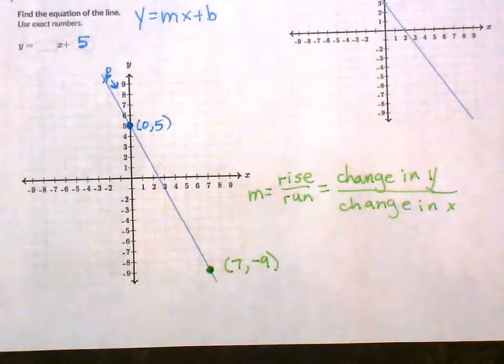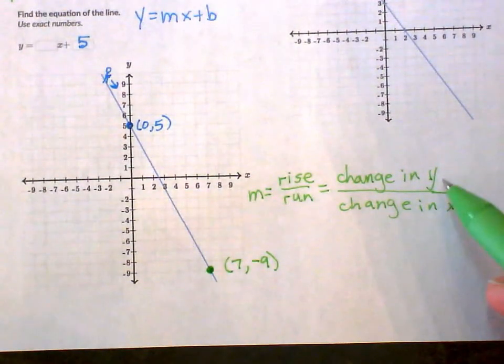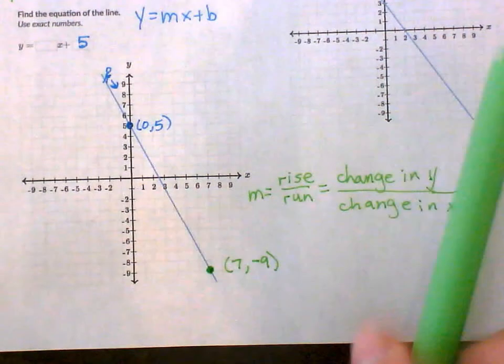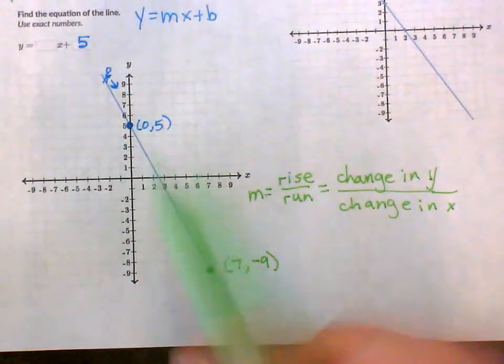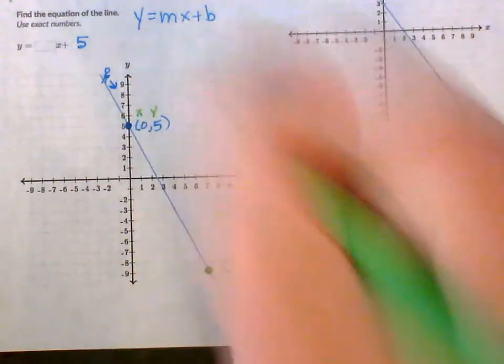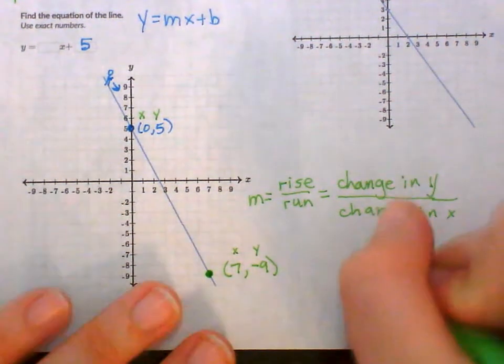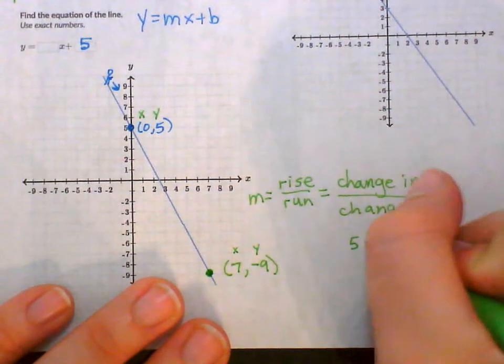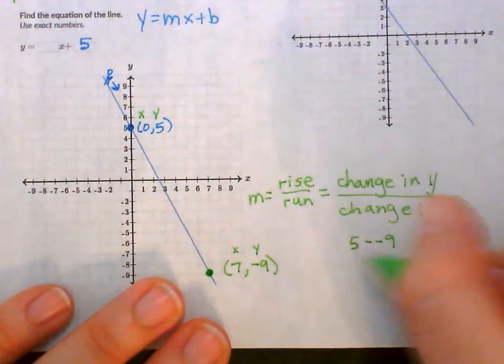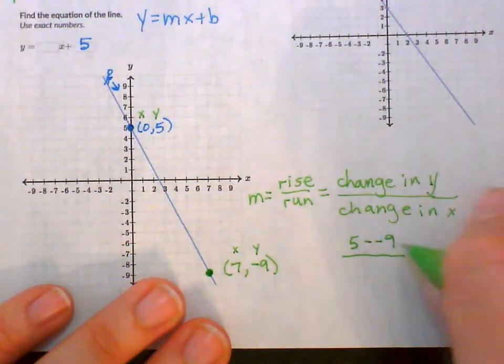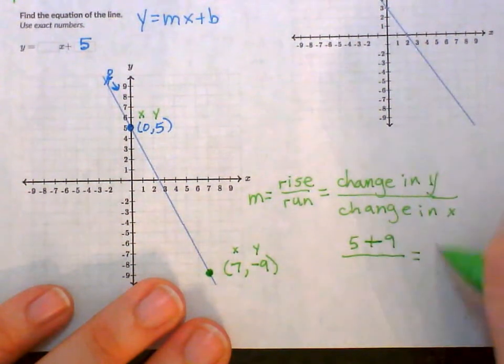Okay, so change in y. We read graphs from left to right. So remember, it's x, y, x, y. So change in y. We went from 5 to negative 9. So 5 minus negative 9. Well, minus a negative turns to a plus. So that's 14.